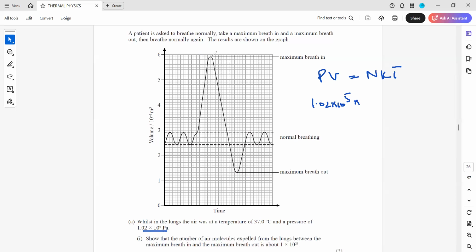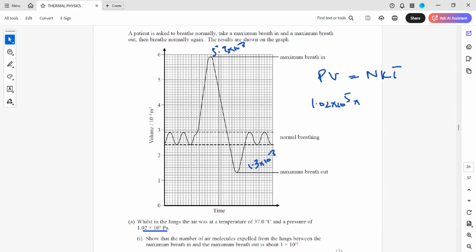What is the volume here? It looks like 10 boxes equals 1. Yeah, 10 boxes equals 1, so each is representing 0.1. So this is 5.9 into 10 to the power minus 3, and this is 1.3 into 10 to the power minus 3.